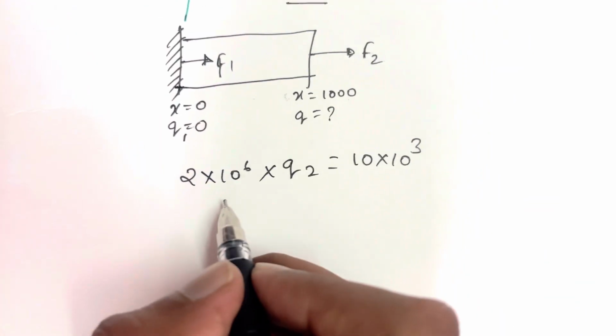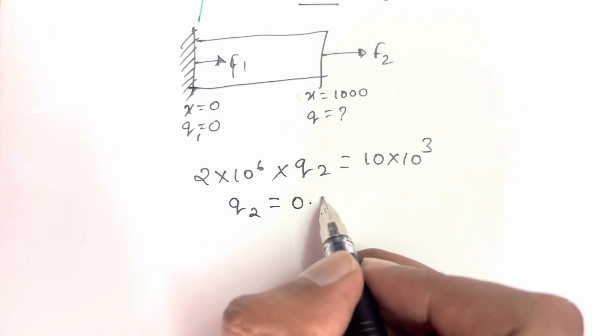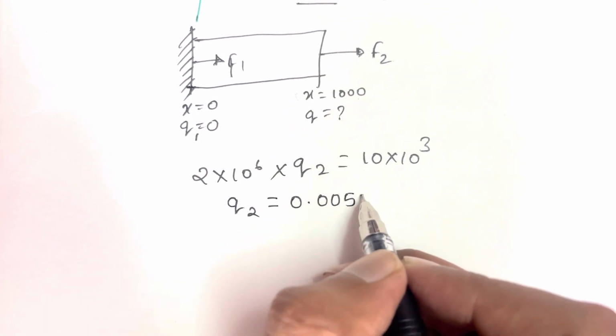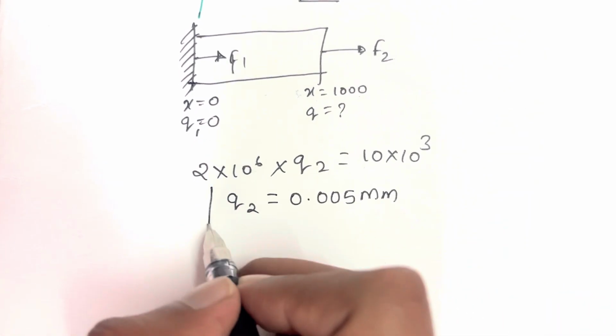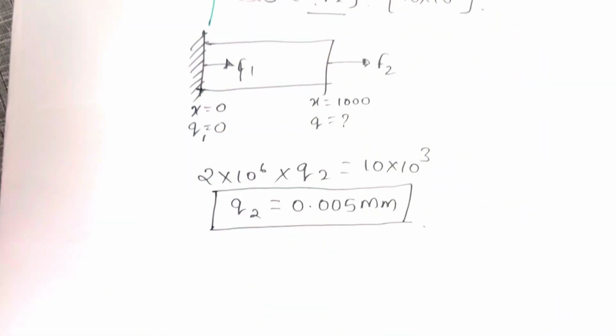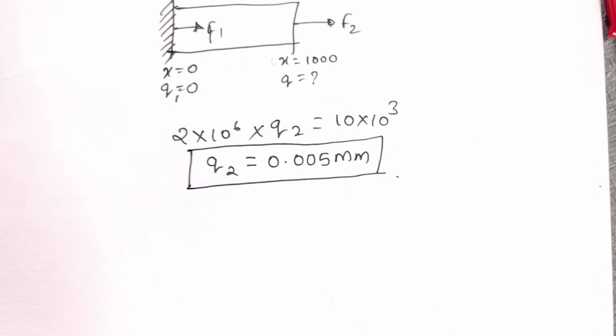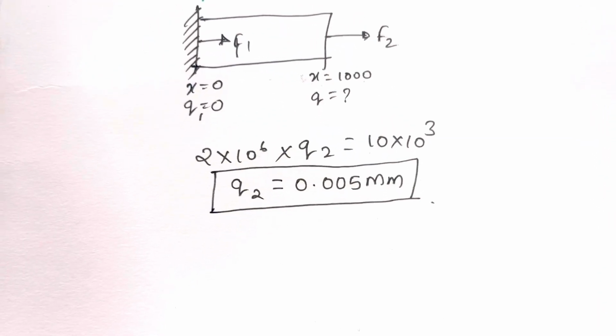Okay, after solving we'll get Q2 is equal to 0.005 mm. Okay, this is what we calculated for the first question.